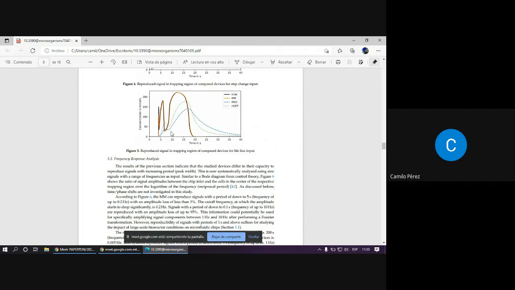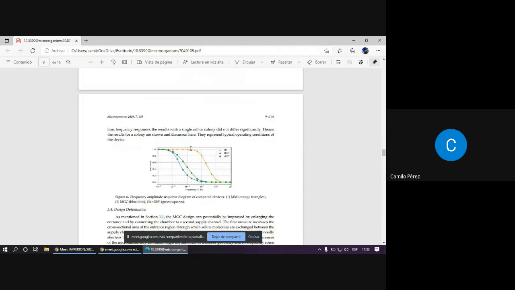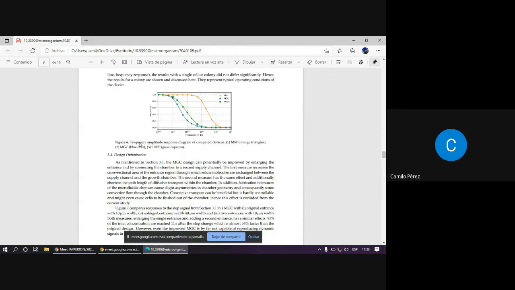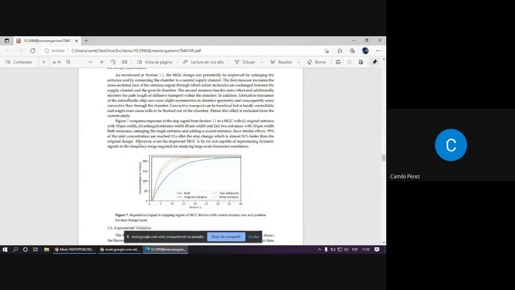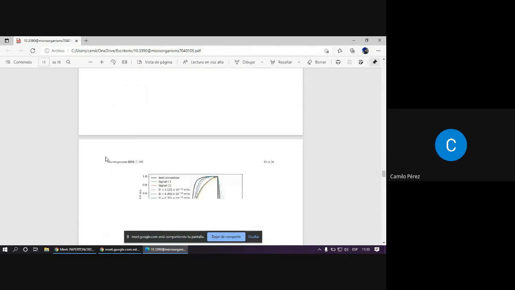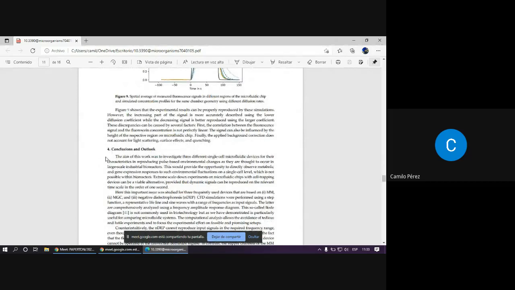You can see the different signals for the different parts of a microdevice. On this occasion we show a composite of the different signals, the frequency of the reactive produced.